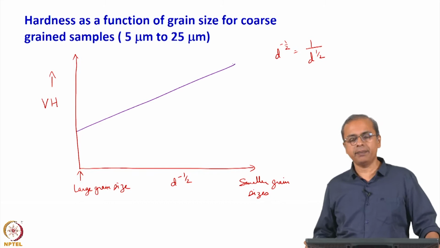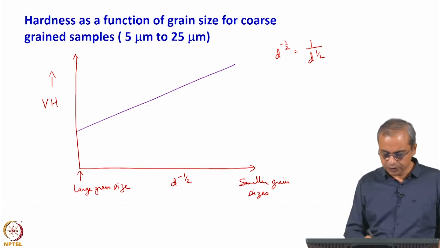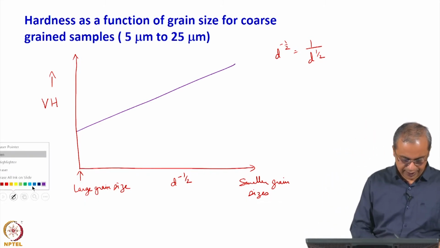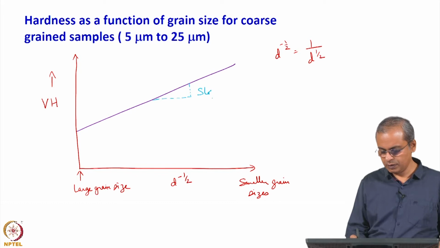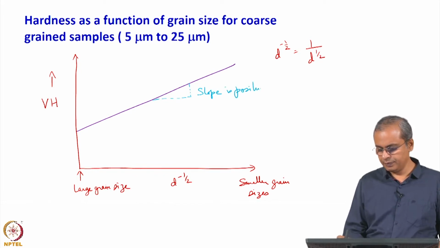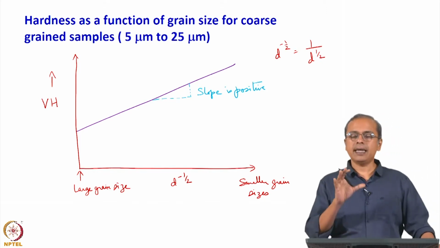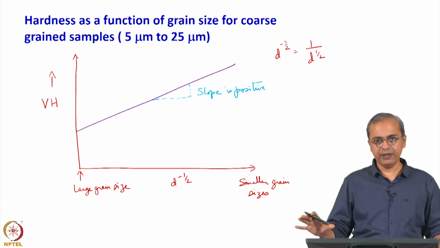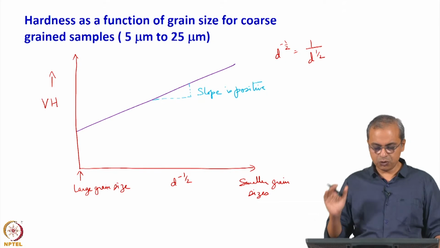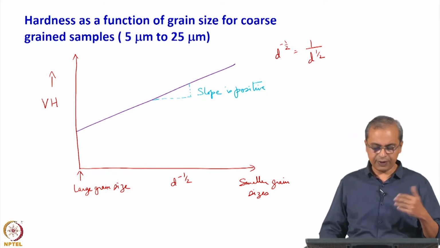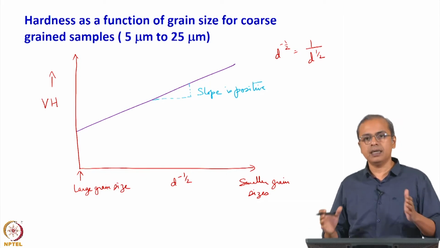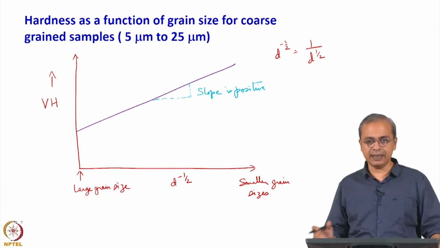You see a linear behavior and you get a positive slope. So, this is the classic Hall-Petch behavior that most samples which have coarse grain size in the range of 5 microns to 25 microns are going to show you.